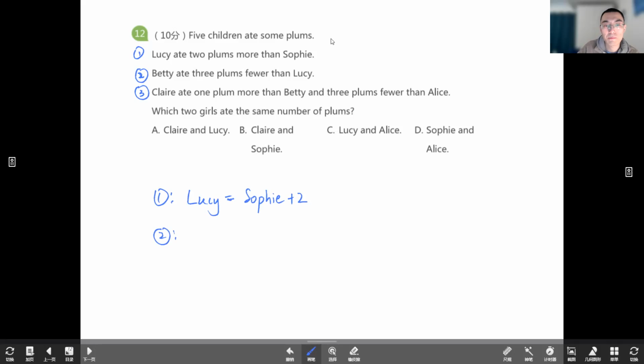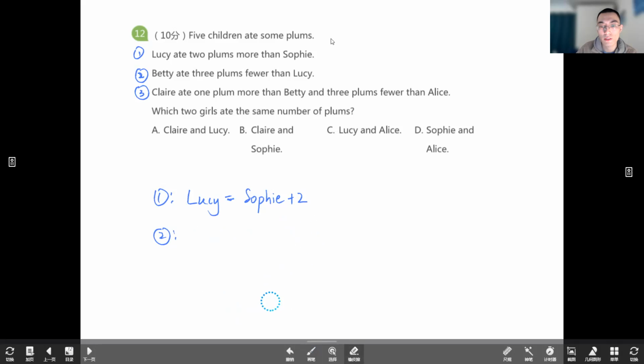So Betty equals Lucy minus 3. If we want to have Lucy on the same side, we can put the minus 3 to the other side of the equation, which becomes Betty plus 3 equals Lucy. Okay, so I will erase these 2 and write the new equation.